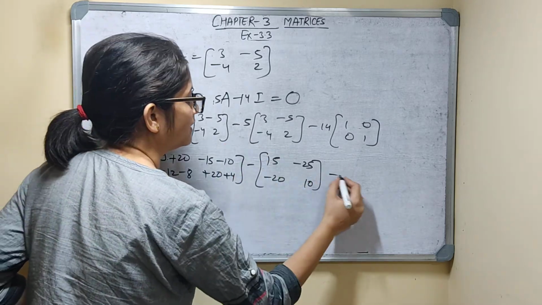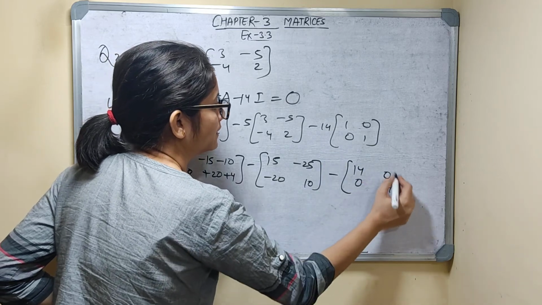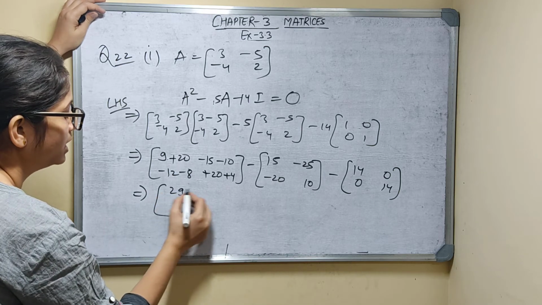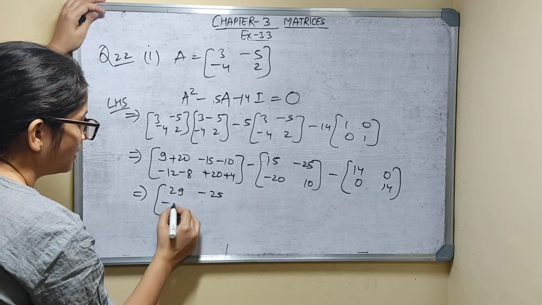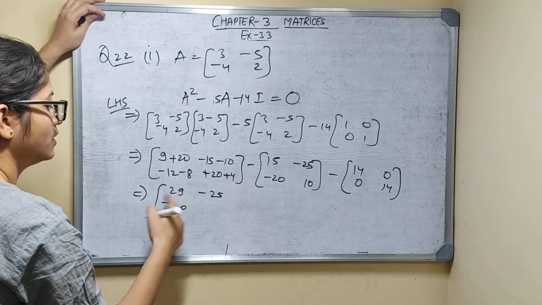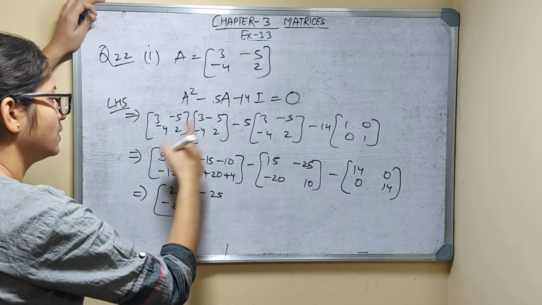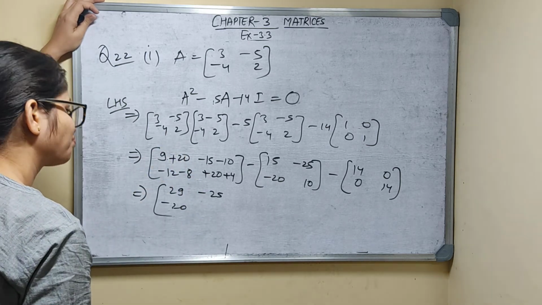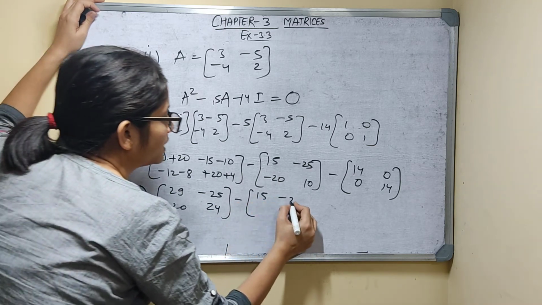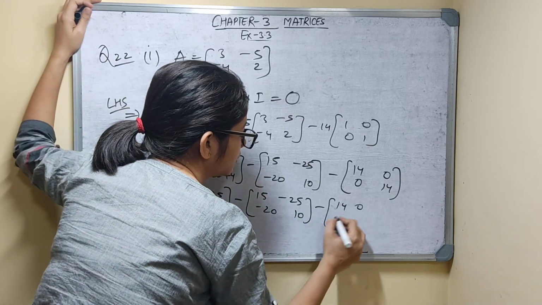Here it is minus 14 into 1 is 14, 0, 0, 14. So clear? 9 plus 20 is 29, minus 15 minus 10, minus 12 minus 8 is minus 20, 20 plus 4 is 24.